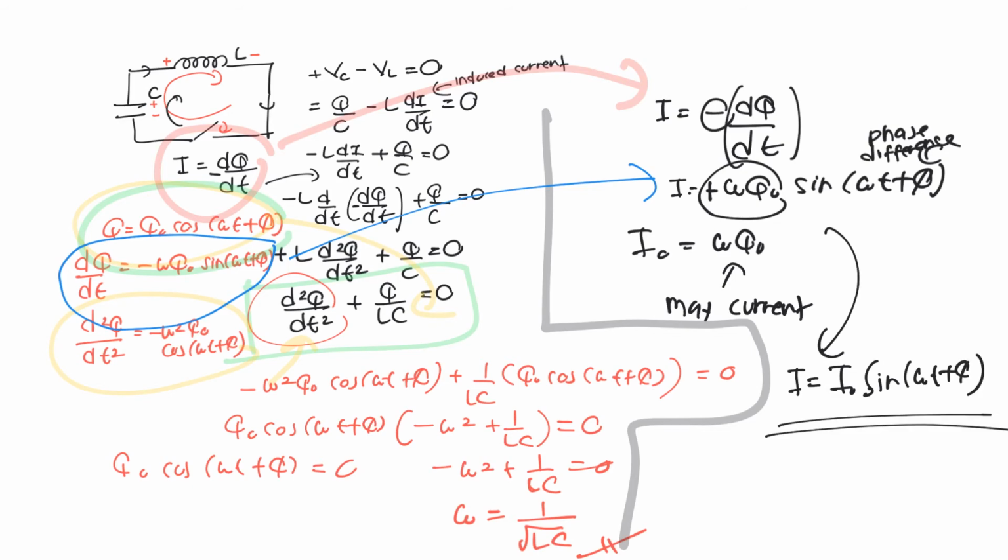Okay, so this is how you get the formula for the charge as a function of time and current as a function of time. We are not done yet because we need to find the energy oscillating between the electric field and magnetic field. So I'm going to proceed with the next part.